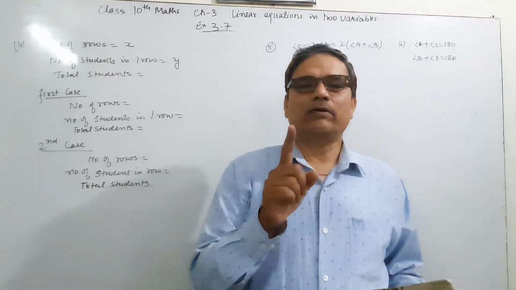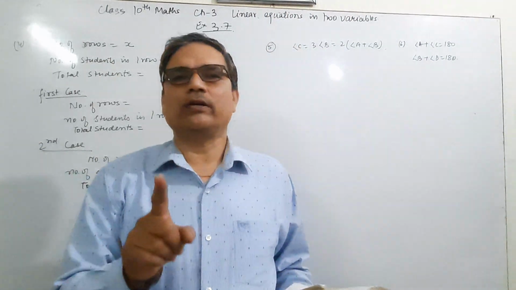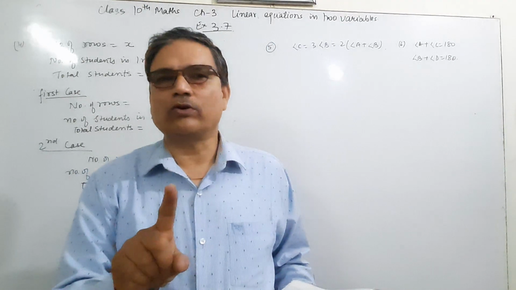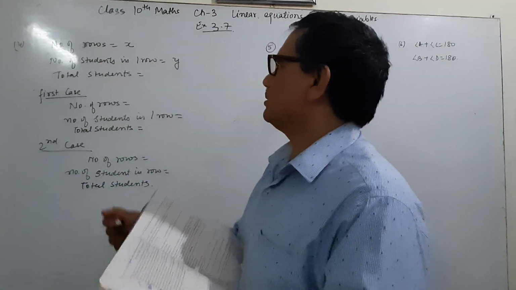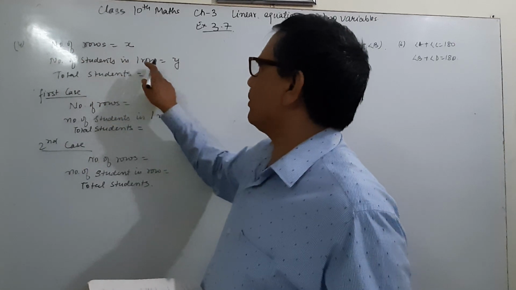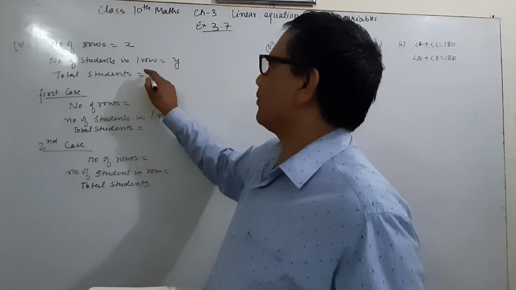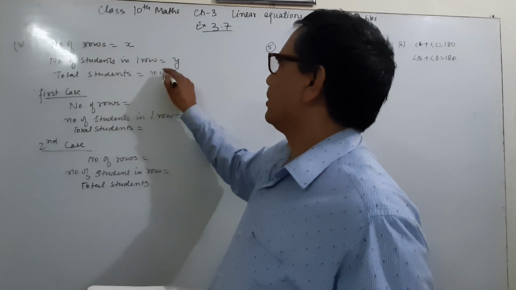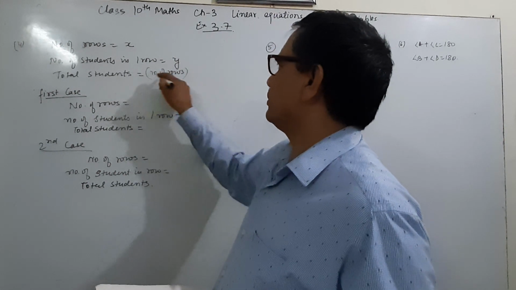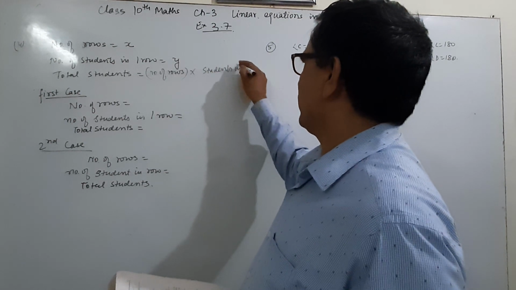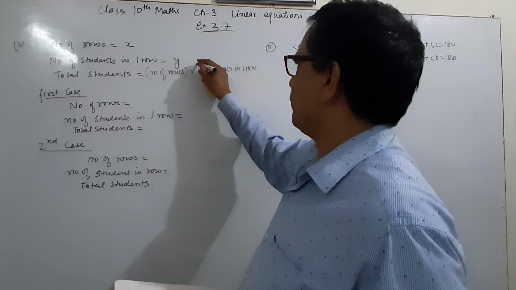Then total students is number of rows into number of students in one row.